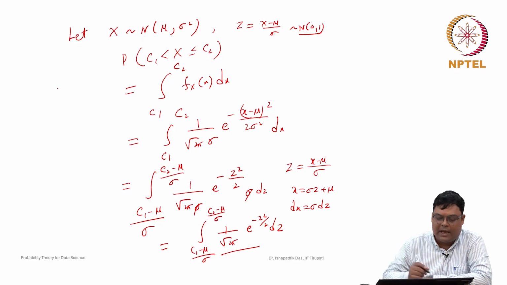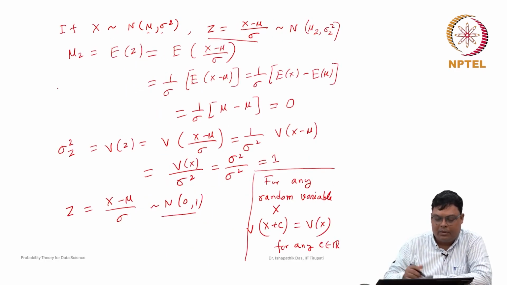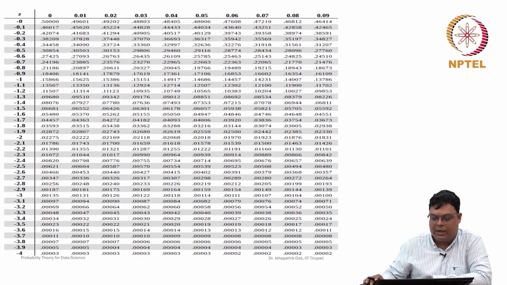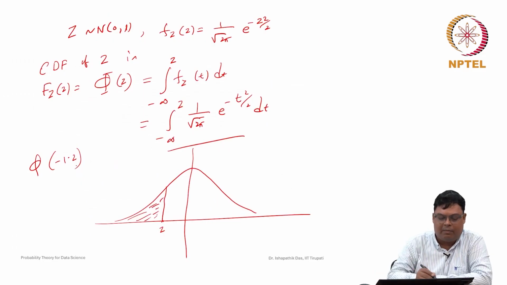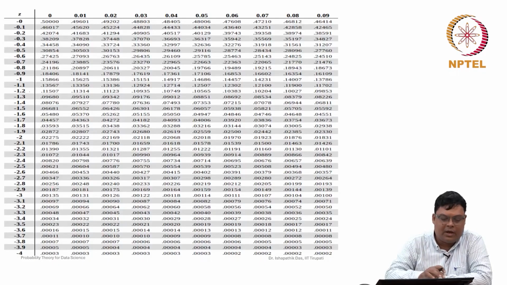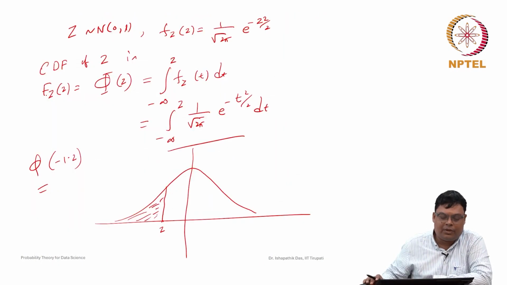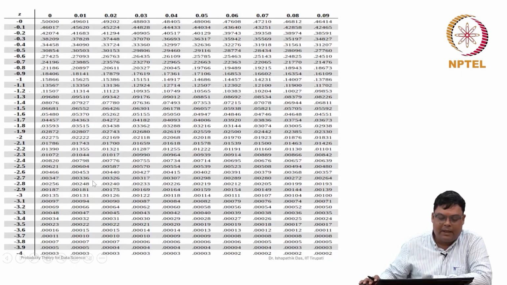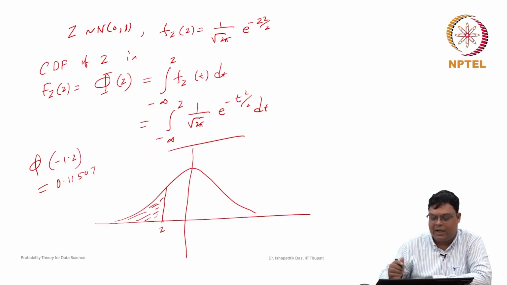We say phi of minus 1.2, so z is minus 1.2, is 0.11507. In this way, all the negative values are given.